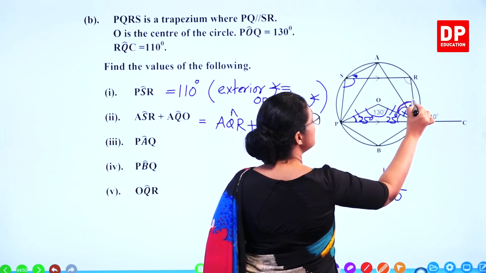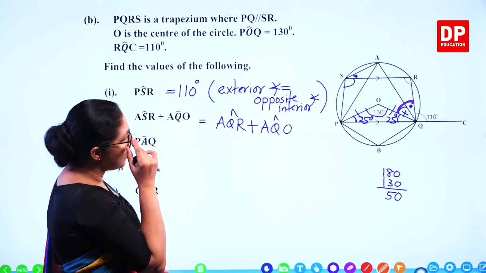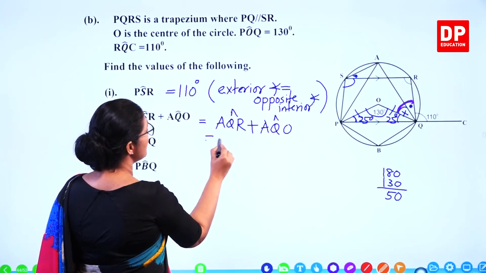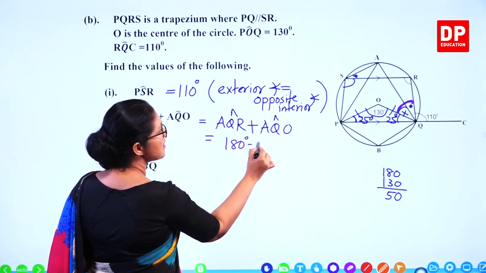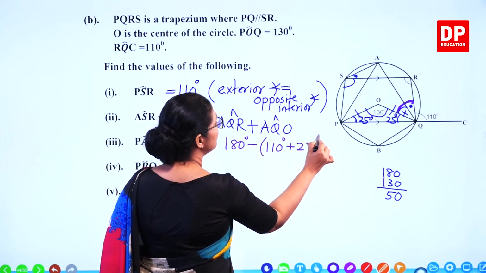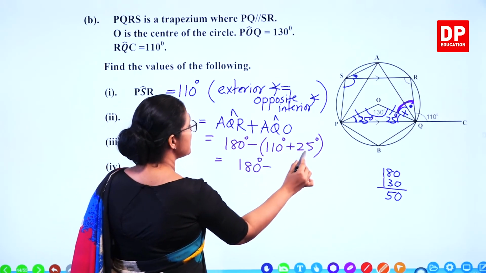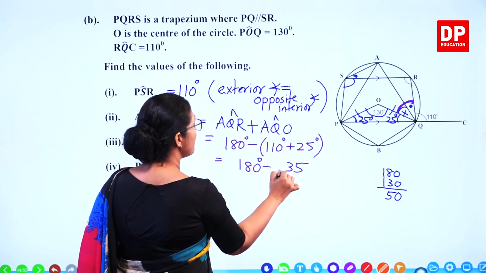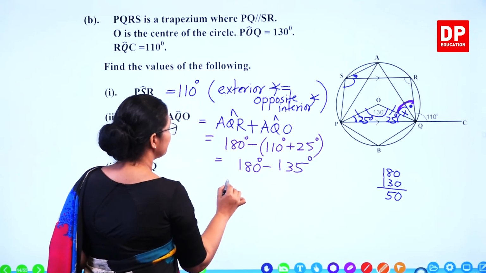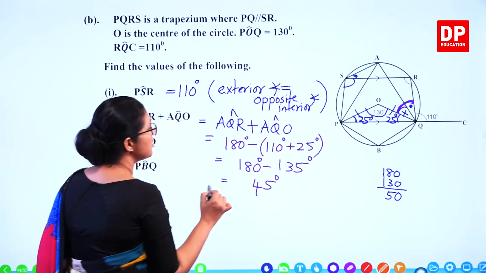This angle is 180 minus these two. So easily you can get it. That angle is equal to 180 minus the sum of the other two angles. So 180 minus 135, 45 degrees.